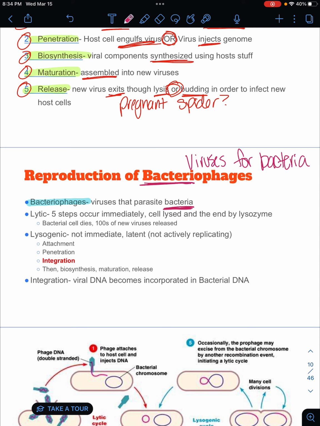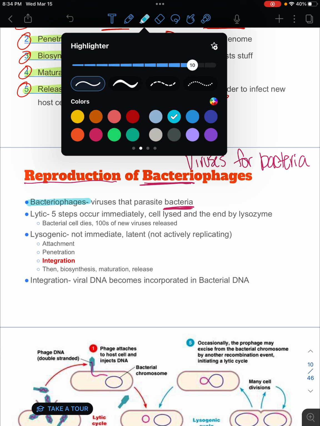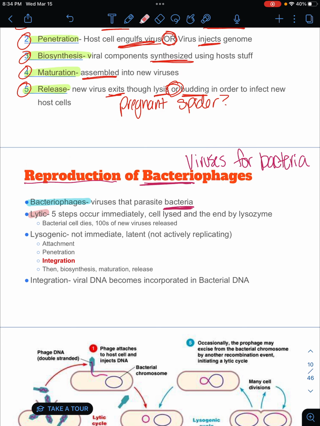So the lytic cycle, remember we're talking about reproduction here. How do these things replicate? The lytic cycle, which is also important, is 5 steps that occur immediately. The cell is lysed at the end. It's almost like the cell's saying, hey guys, we can't make it anymore.